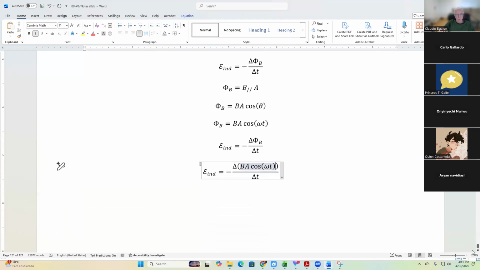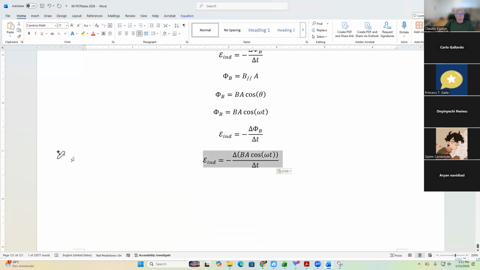We're going to get something interesting. Here you go. The BA can be taken out of this delta symbol, so it is just like differentiating. We don't cover differentiation in this course, but I'm going to tell you what happens when we have this change of cosine of omega t with respect to time.